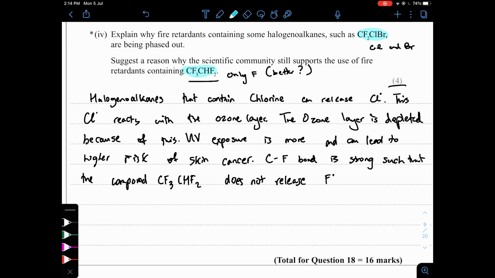So this is very important, because at the end we do have to state why this is better, why scientists still support this CF3CHF2.